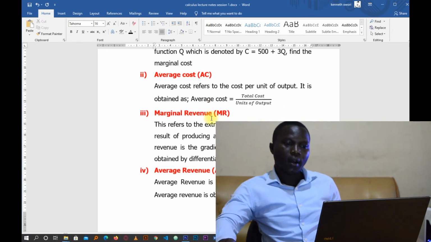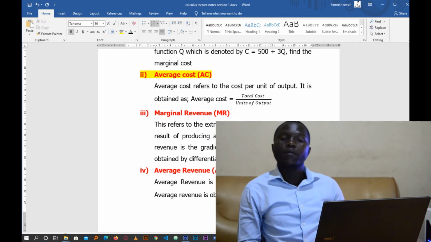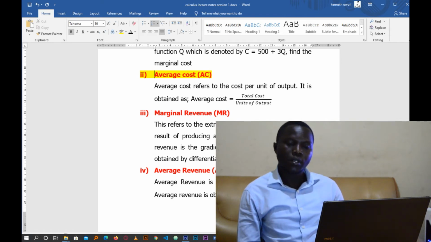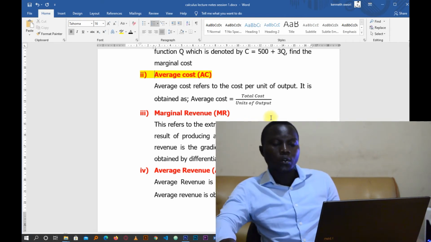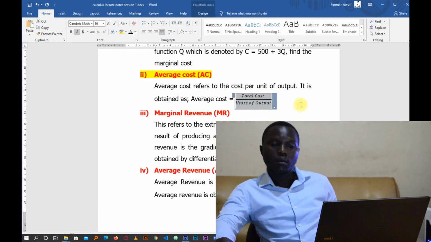Then we have average cost. Average cost refers to the cost per unit of output. We obtain the average cost by dividing the total cost by the units of output.